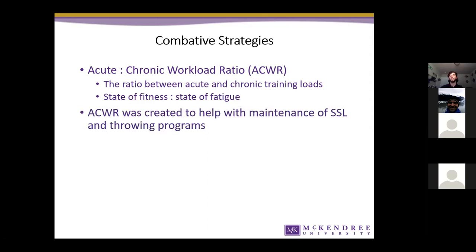This was created to help with the maintenance of sport-specific lifting, as well as throwing programs. So with Driveline Baseball and Premier Pitching and Performance, those organizations have dedicated people that manage this ACWR.